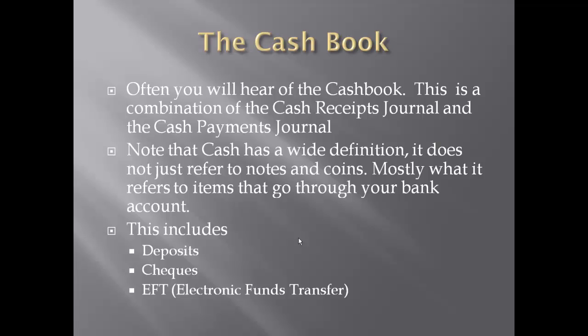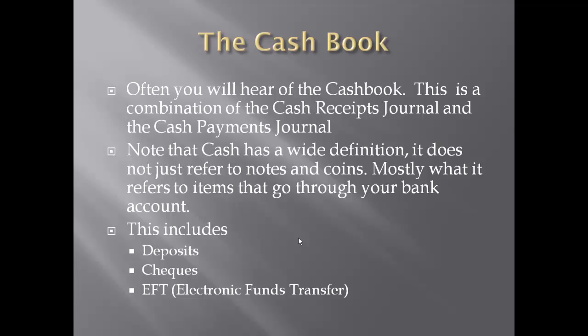So let's start off by looking at cash transactions, and cash transactions will go in what is often referred to as the cash book. I'm sure many of you have heard of the term the cash book, and this is a combination of the cash receipts journal and the cash payments journal. When we're talking about cash, what we're really talking about is any money that goes through your bank account.